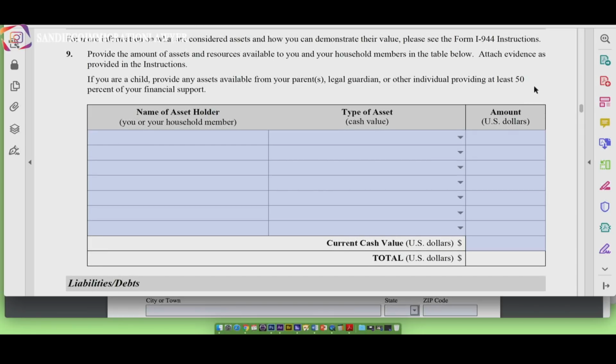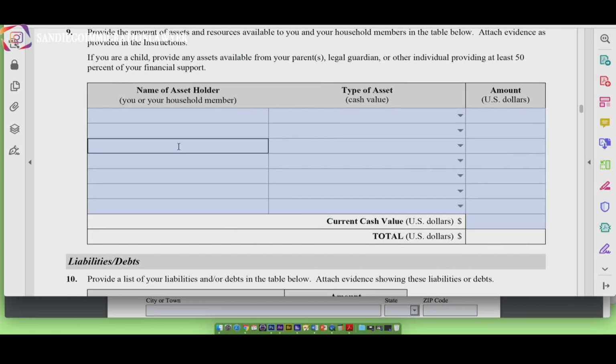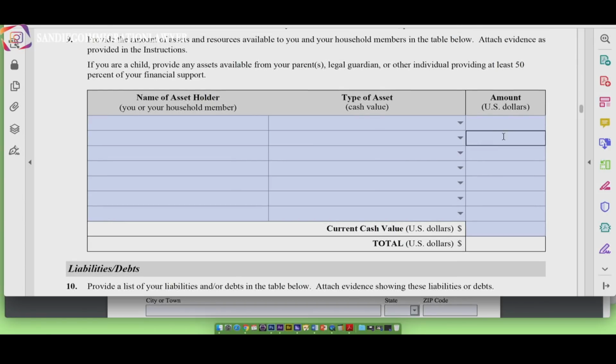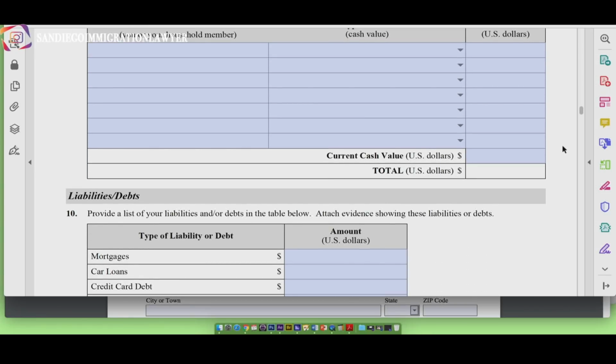This is where you have an opportunity to list any property, stocks and bonds, savings accounts, and the cash value. And in the instructions, it will tell you what the requirements are. So you do need to meet the poverty guidelines as mentioned in the I-864, and that's the affidavit of support.